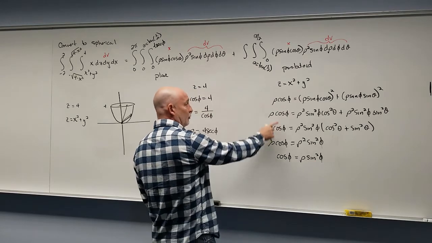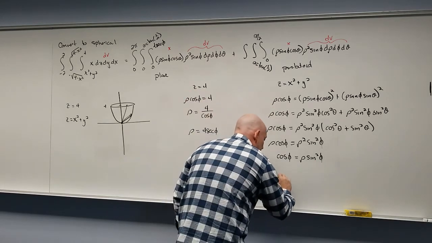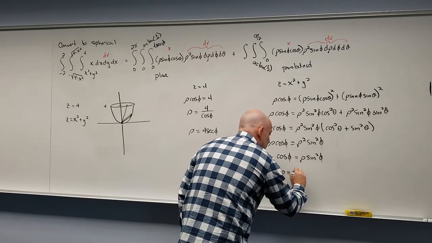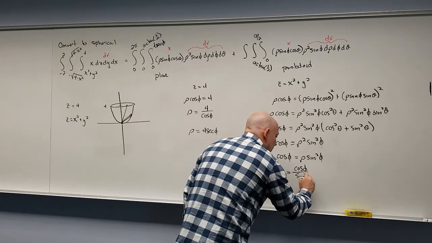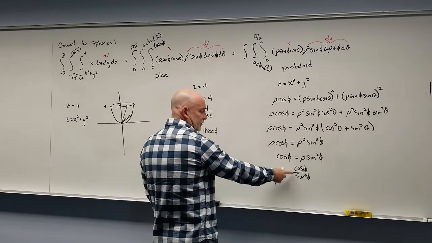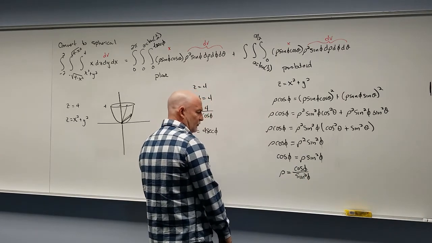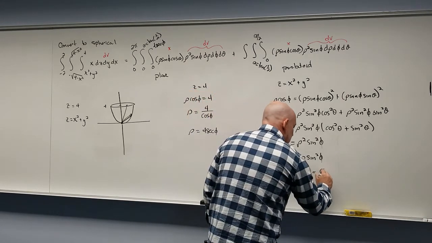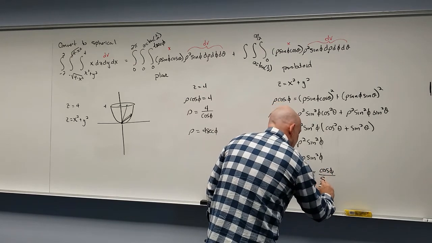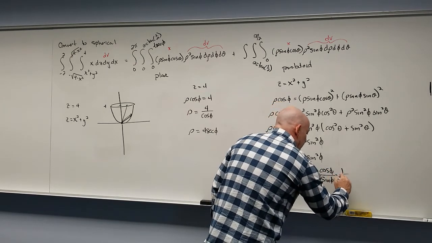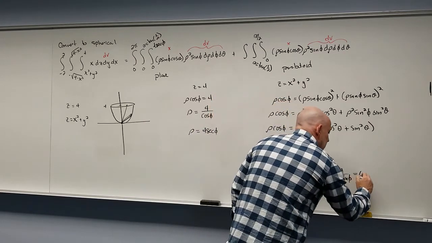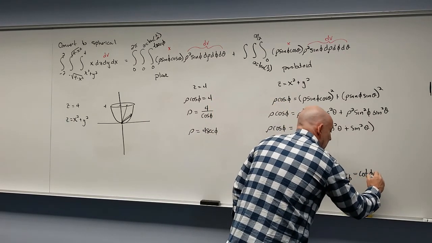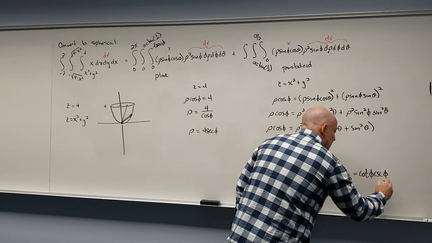Remember, we're trying to figure out what rho equals on here. So if we solve for rho, rho is equal to cosine phi over sine squared phi, which is fine, but most textbooks aren't going to generally write that as a fraction. They're probably going to write this as cosine phi over sine phi times 1 over the sine of phi, which of course is cotangent phi and cosecant phi.